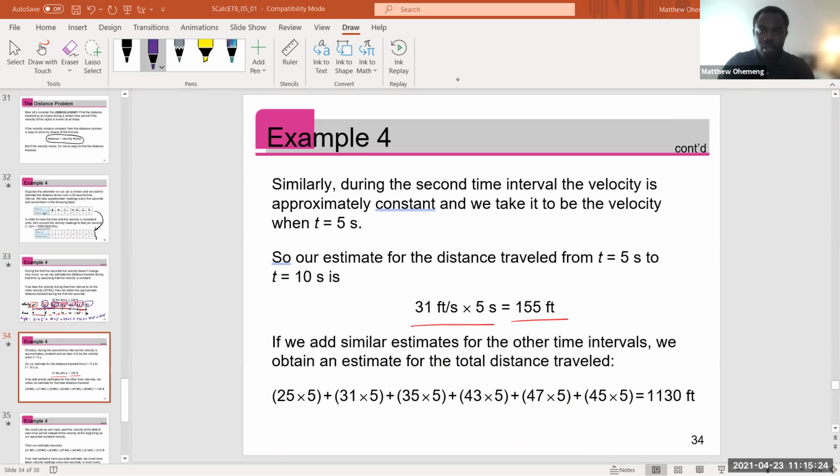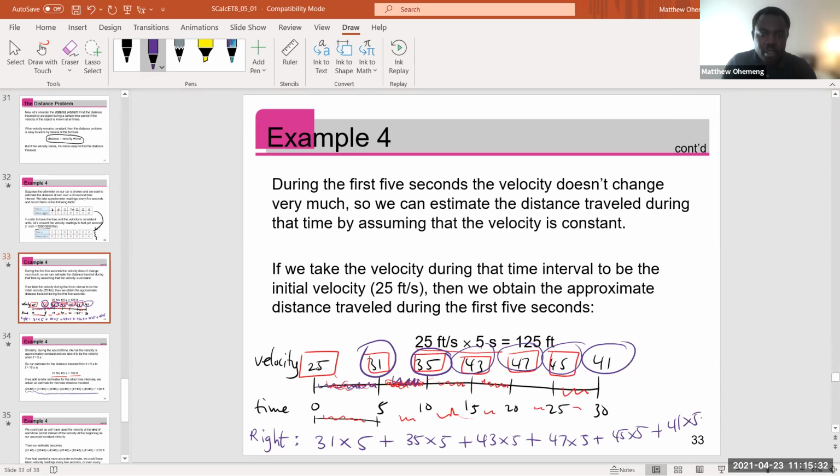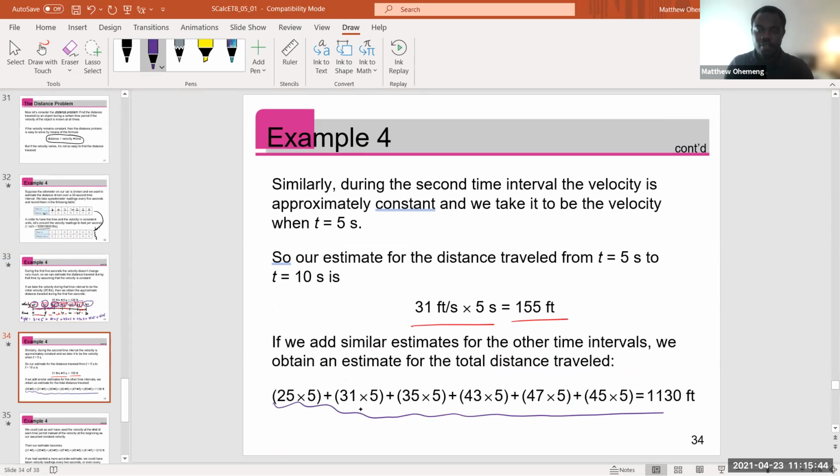So for the first one, you see that they have this. This is the estimate of the total distance using what? Since they picked 25, they were using the initial velocity you entered the interval with, right? They need the velocity you enter the interval with to compute the distance. So that's 25 times 5 and so on and so forth.